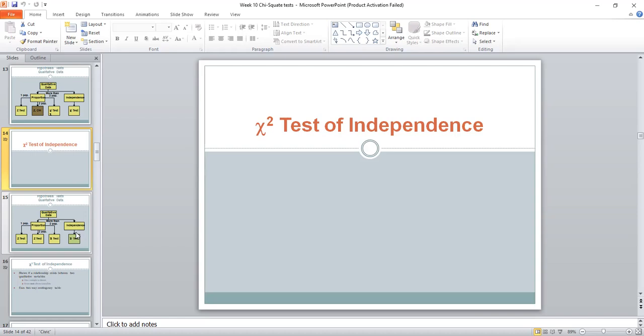There is no statistically significant relationship between area of specialization and student performance. That is H0, neutral. Then HA: there is a statistically significant relationship between area of specialization and performance in statistics. That's the alternative. You simply state it in words.